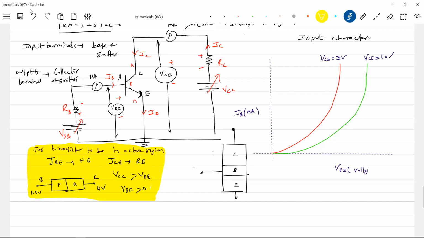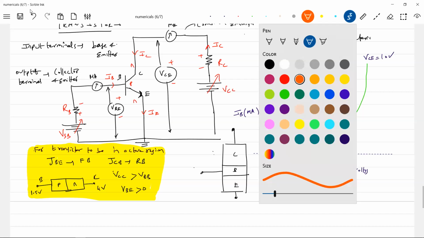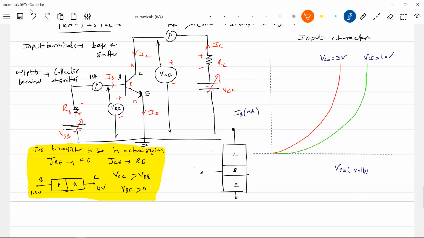Now, think about the penetration of the depletion layer, if you can remember. The base is lightly doped, no? So the depletion layer will penetrate more into the base than the collector.